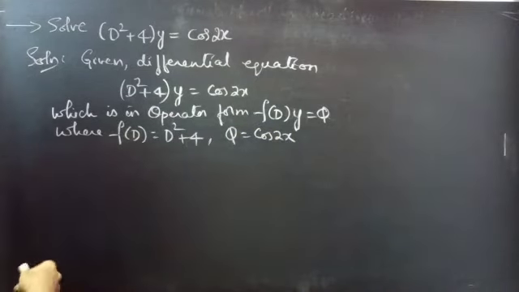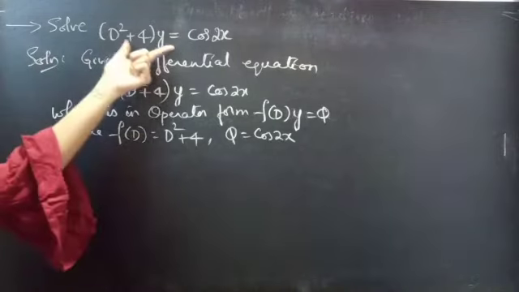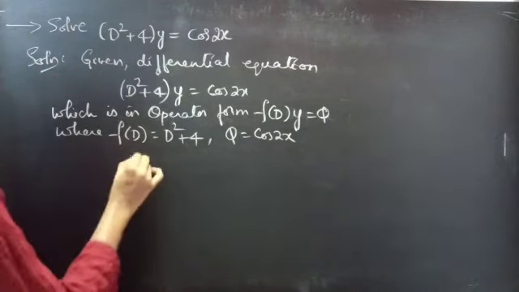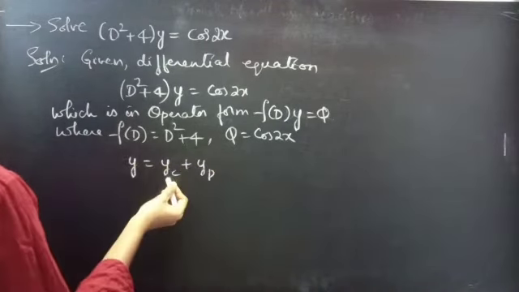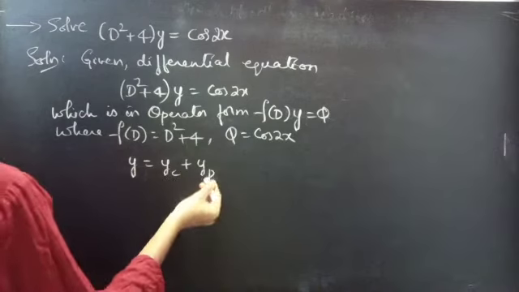So we need to find the general solution to the given non-homogeneous equation using y equals yc plus yp. Here yc is the complementary function and yp is the particular integral.